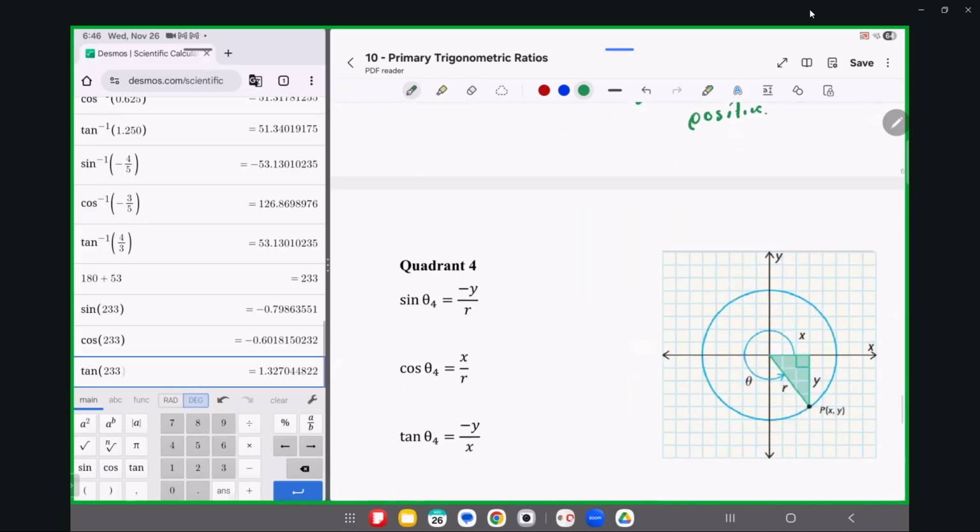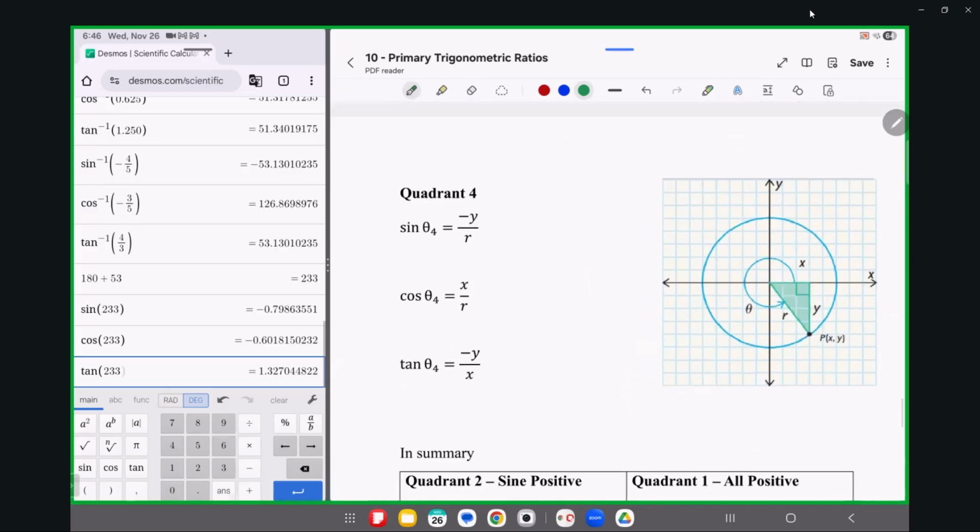Okay, and lastly, but not leastly, in quadrant 4, so now we're talking about theta 4, an angle in the fourth quadrant. What do we know about this? Well, the y component's going to be negative because we're going down, but the x coordinate will be positive. So this point P will be given by 3 comma negative 4, if you want a way to think about it.